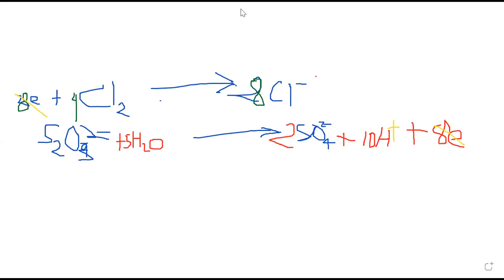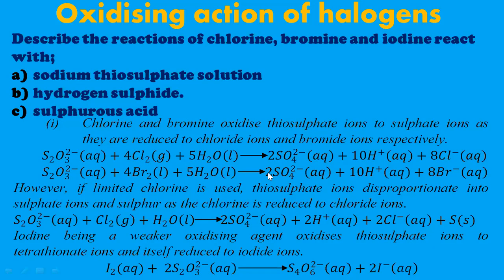So add the reactants here, put them on the reactant side, add the products, put them on the product side. You finally come up with this equation that you're seeing here. Is that clear? Can I proceed? Proceed.